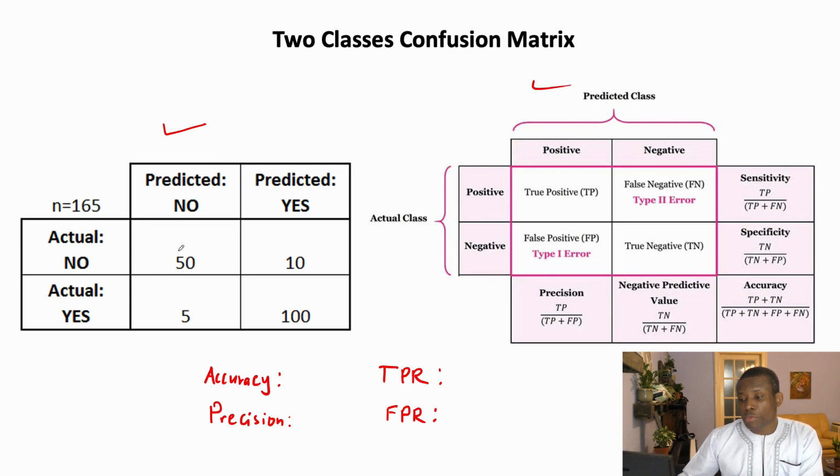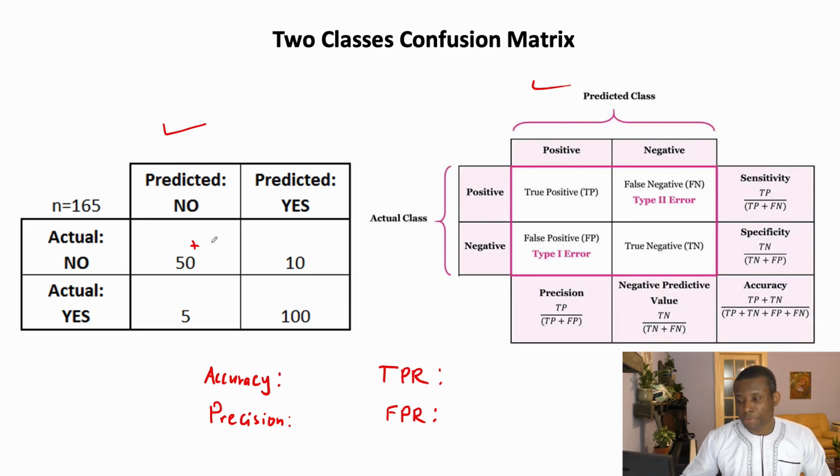So what it means is that we have 50, 10, 5, 100. Now there are two classes here, no and yes. This is the actual and this is predicted, and there are 165 samples tested. This cell here means that the actual value is no and the predicted value is no, so it's correct.